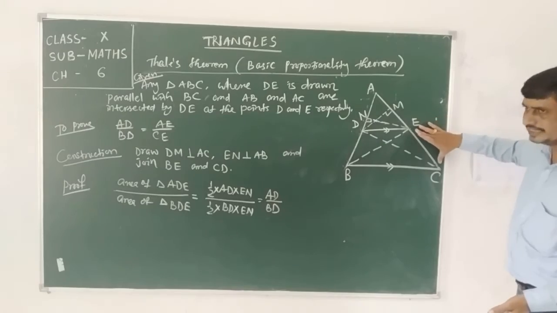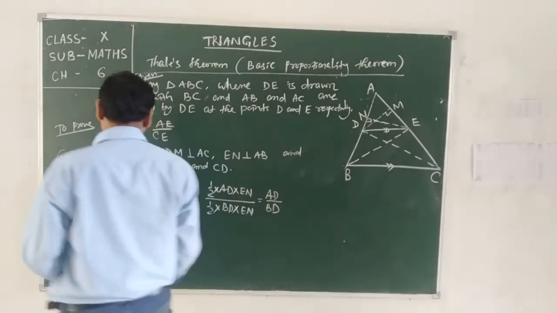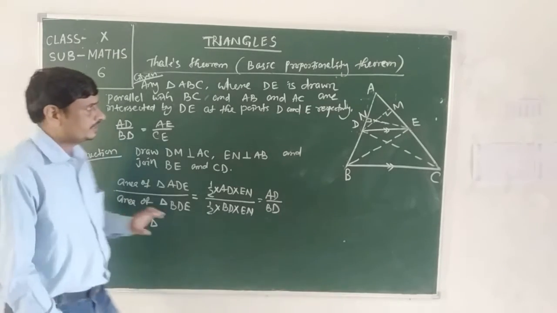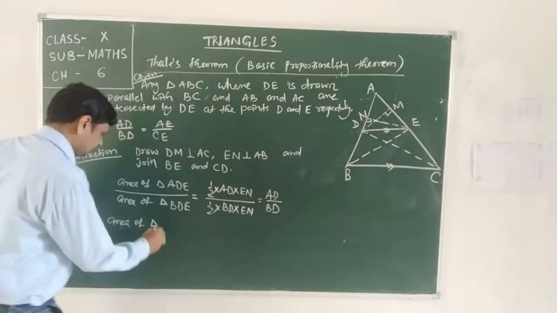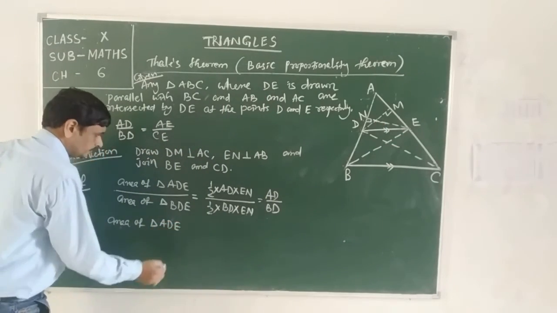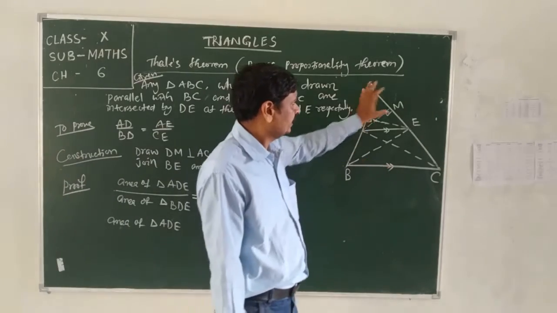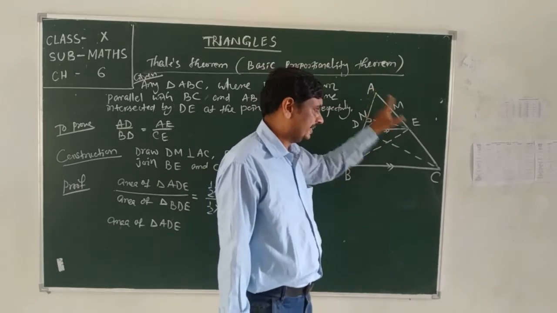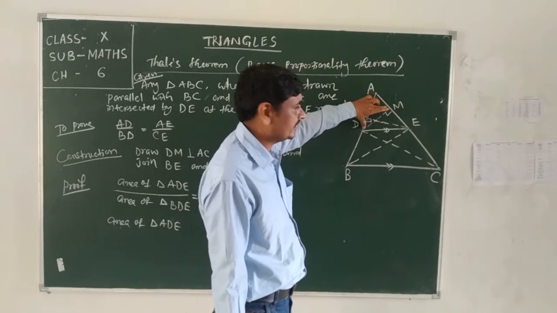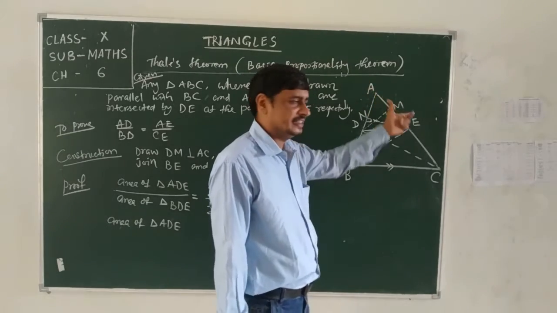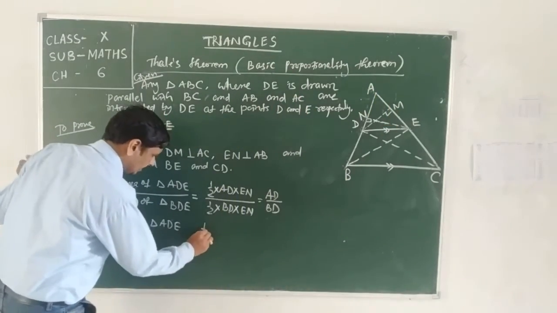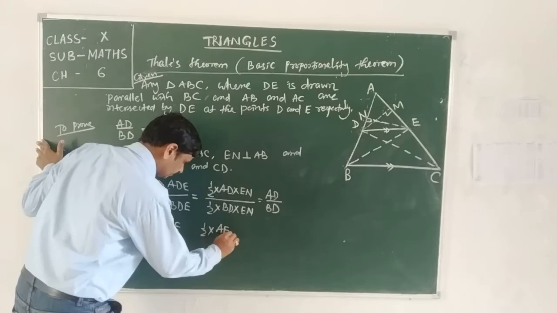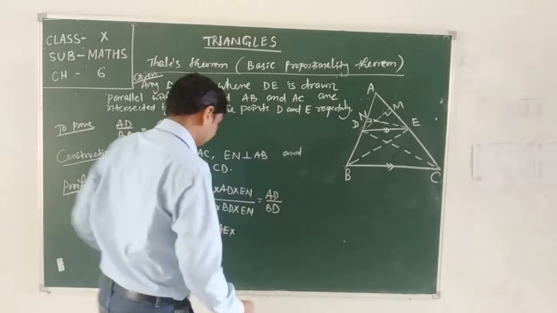Similarly, when we take triangle ADE and triangle CDE, in triangle ADE we get A and in triangle CDE we get C. Area of triangle ADE becomes half into base AE into height DN, since DN is perpendicular on AC. Similarly, for triangle CDE, it is half into base CE, and height is DN.